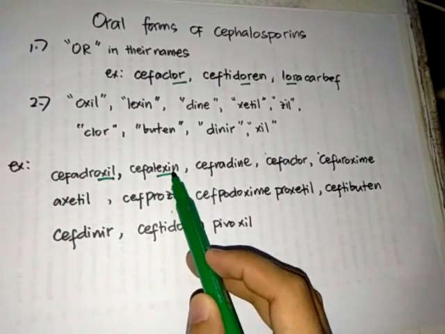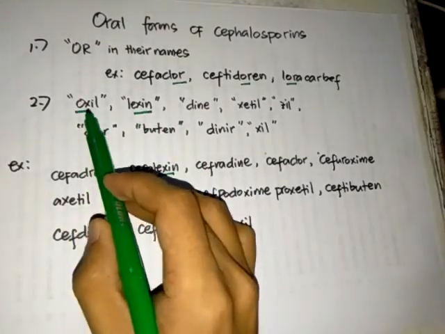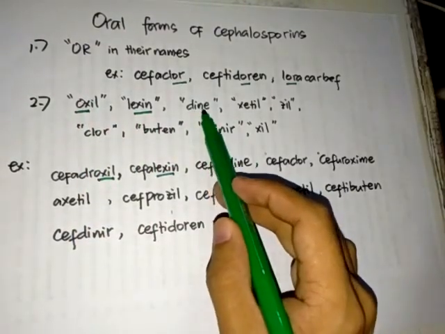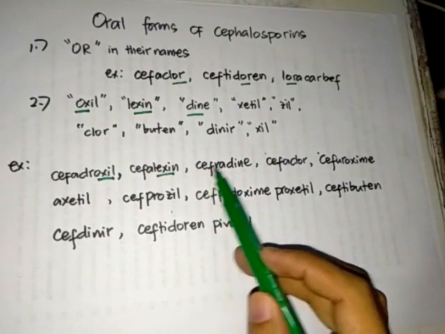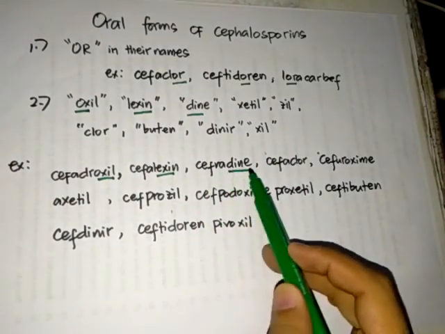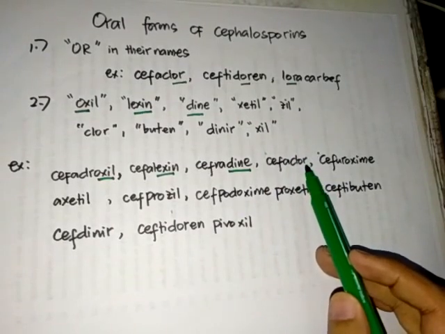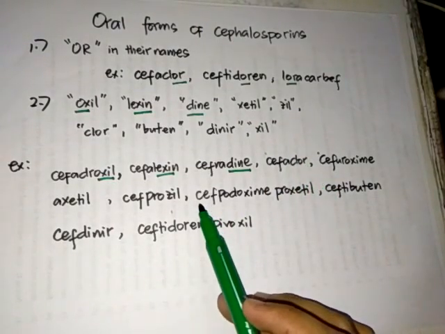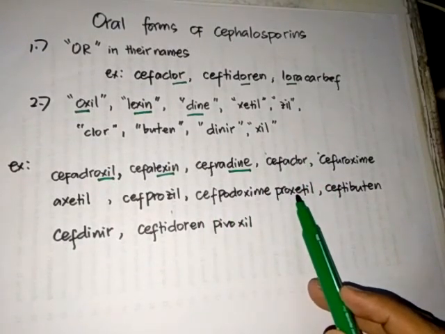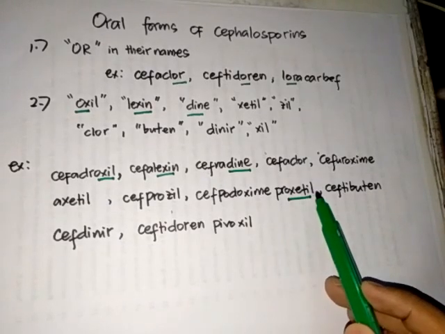Cephalexin, there's a lexin. Having a DINE in their name, example, your cephradine. Having an acetyl in their name, example is your cefpodoxime proxetil, that is acetyl.